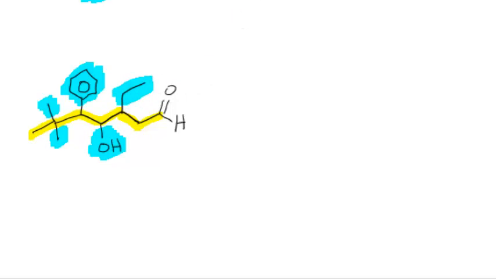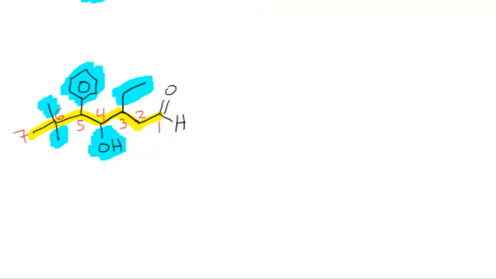So to name this compound out, we make sure to number our 7-carbon parent chain with the lowest possible carbon number going to the highest priority group, which is our aldehyde carbonyl. This will make it 1, 2, 3, 4, 5, 6, and then the last carbon out is 7.